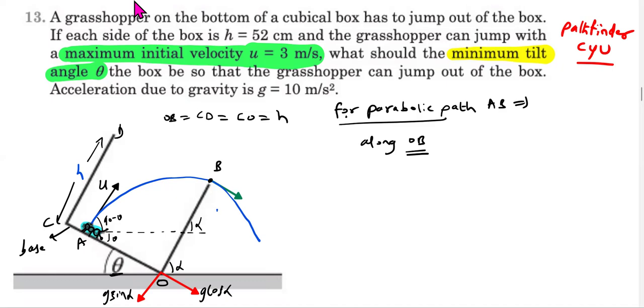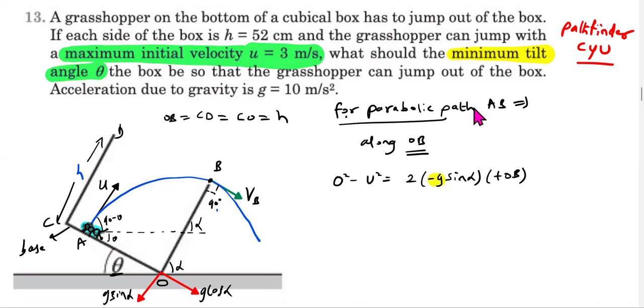Along OB, final velocity is 0. It will have some velocity, I'm not saying it will not have velocity. It will have velocity, but it will be directed normal to the OB. So the component of velocity along OB should be 0. Fine. Now we'll write this down. Final velocity will be 0. 0 square minus u square equals 2 times... Why this positive sign?